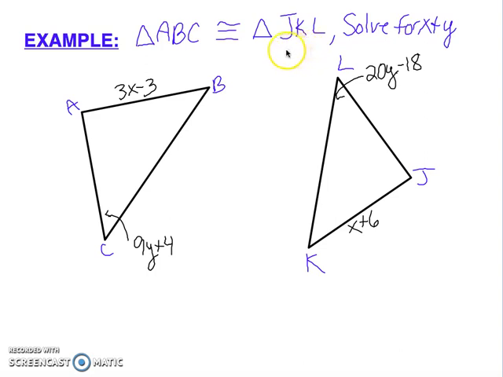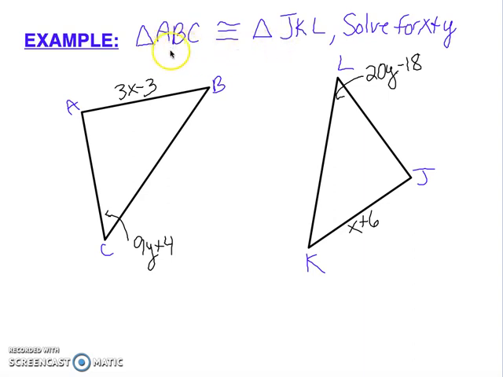Segment AB, which is right here, the first two letters of the congruency statement, has to be equal to segment JK, which again is also the first two letters of the other triangle in the congruency statement.